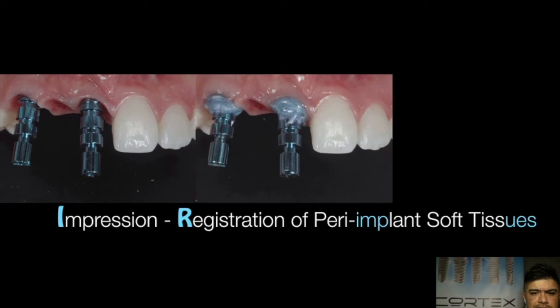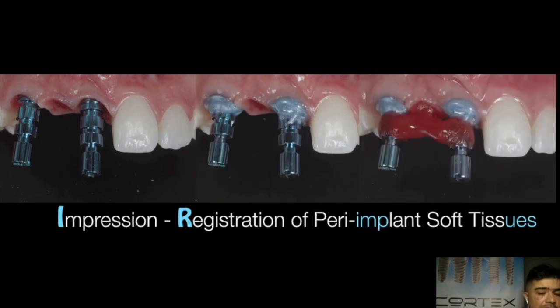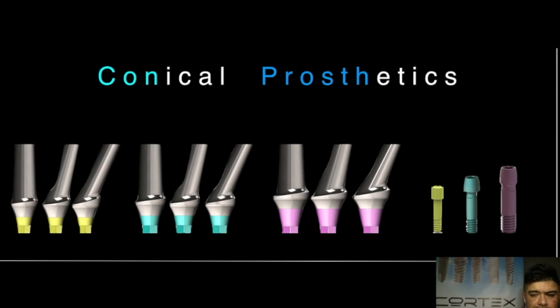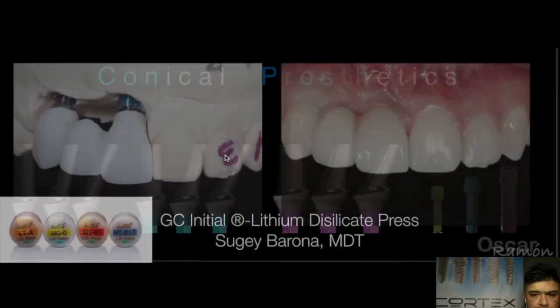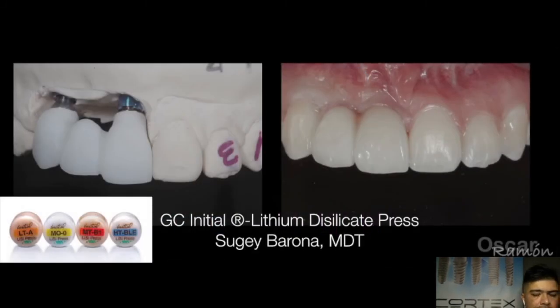In this case, we do a regular impression, trying to capture the soft tissue with this Dura-Line material. And we use a regular protocol using regular abutments. You have abutments available in different sizes and shapes.